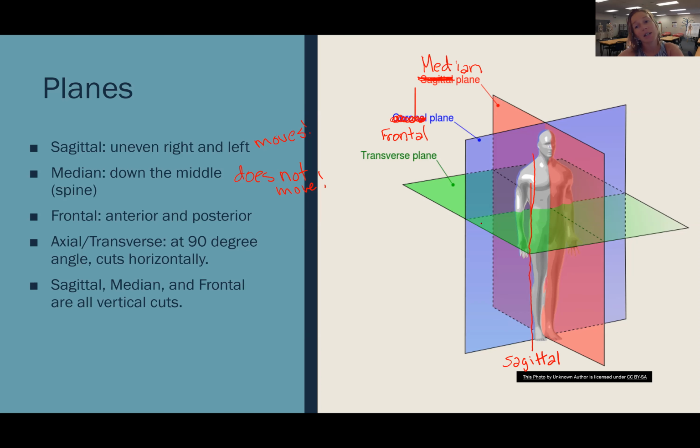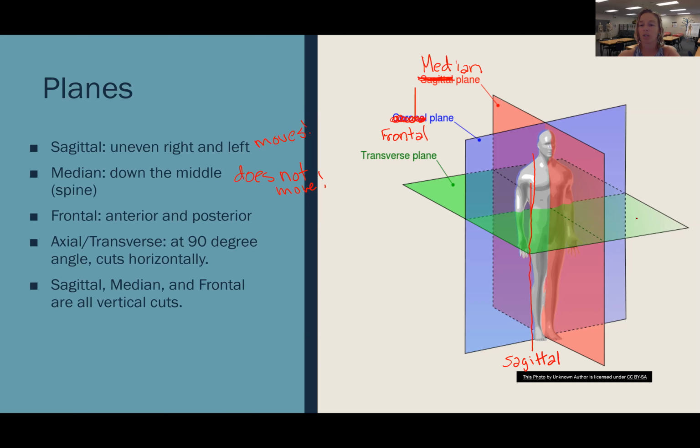Now, because coronal is also called frontal, there's also another name for transverse, and it's axial. So when you hear axial, or if someone says axial on your rotation, just know it means transverse. But for this class, we're always going to refer to it as the transverse plane. And this transverse plane is kind of interesting. It cuts the body at a 90-degree angle.